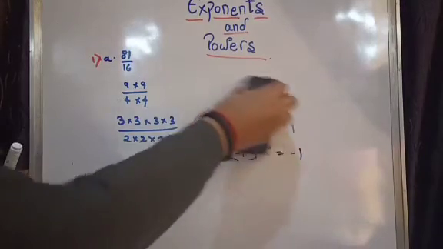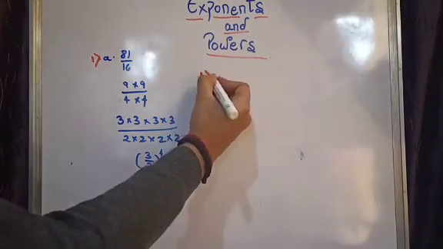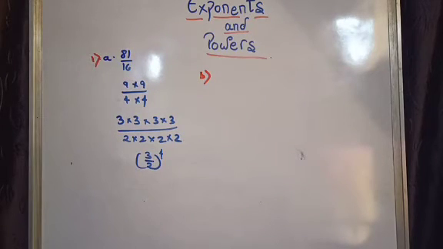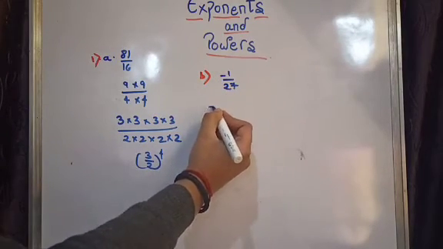Now I should tell you the B1 question. B1 is given: minus 1 over 27. See how I will solve this.